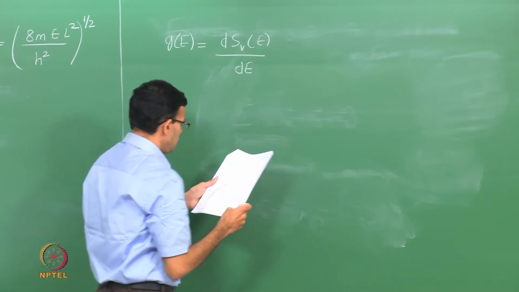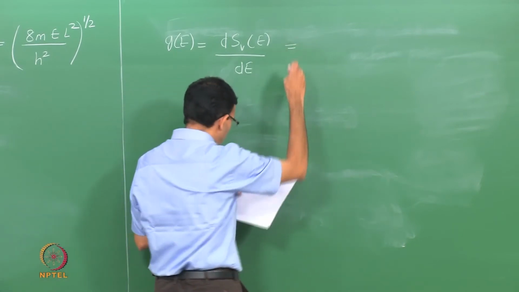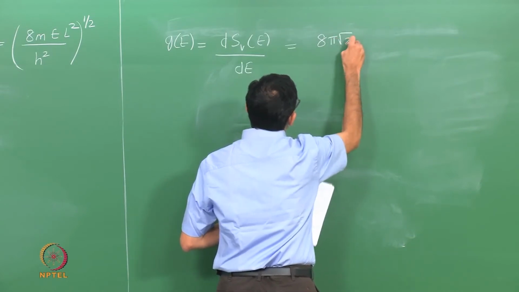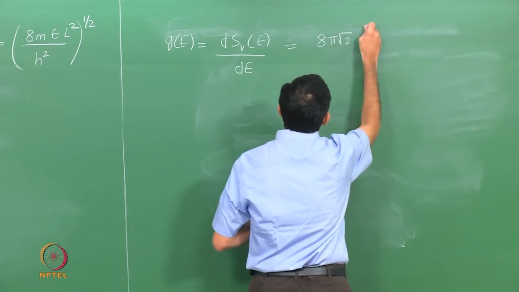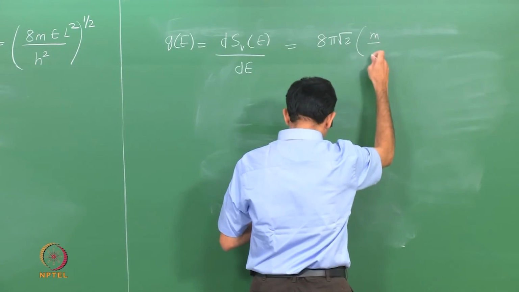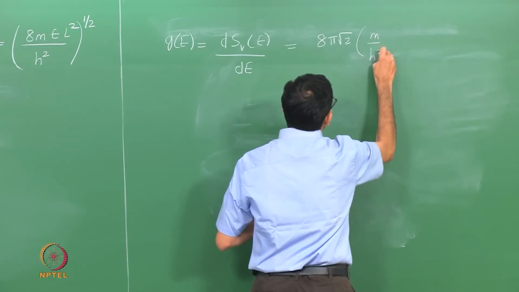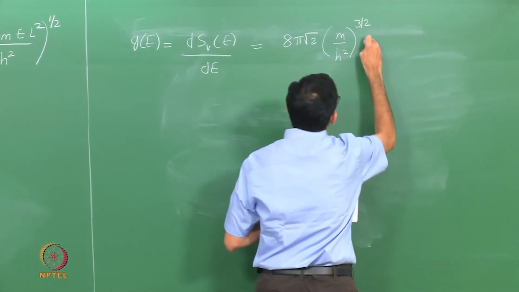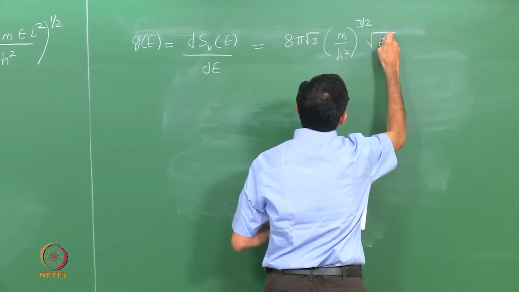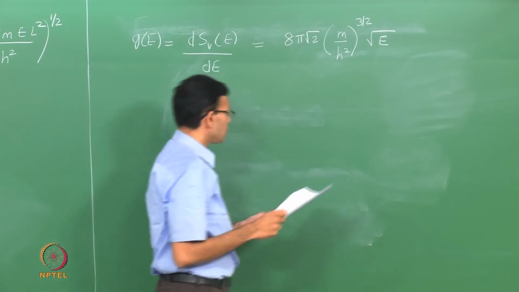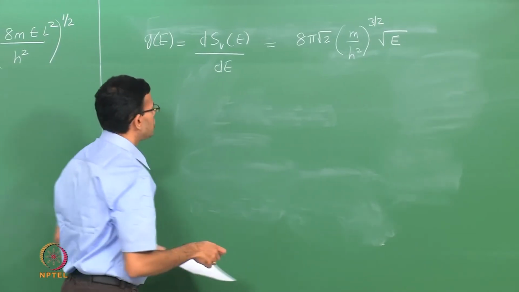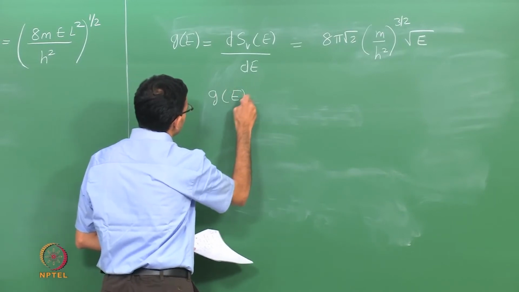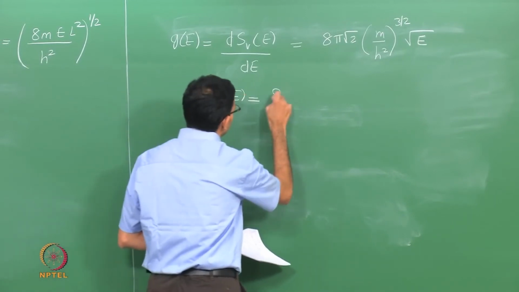If we do the differential, the expression we get, since we are talking about electrons, I will replace the mass by the mass of the electrons to write the final expression.